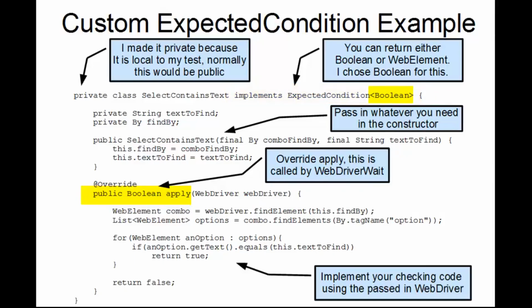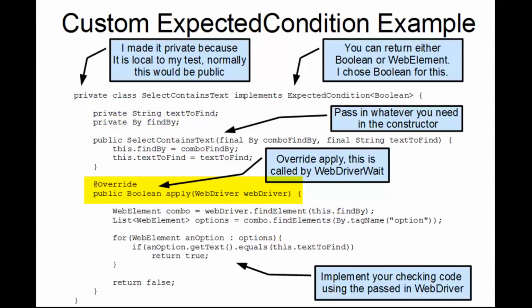So here, one of the benefits of a named class is that we've got a constructor. So it's using it the same way we normally would. We've got the constructors in there, then we've got field variables that we can use in our apply method. This is all very simple. This is what you would do just straight from using Java without much additional knowledge. We have to override the apply method. Whichever approach we take, we always have to create our own apply method, because that is what is called by the WebDriverWait.